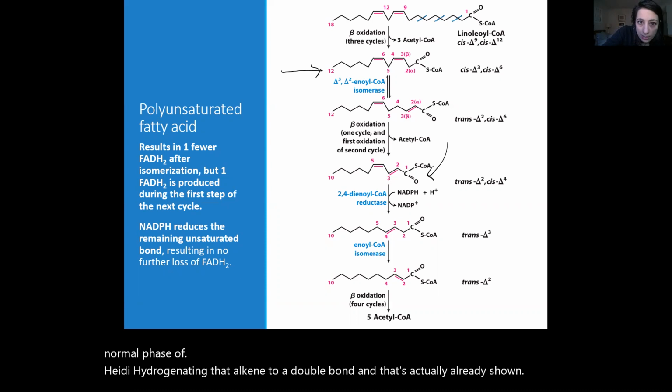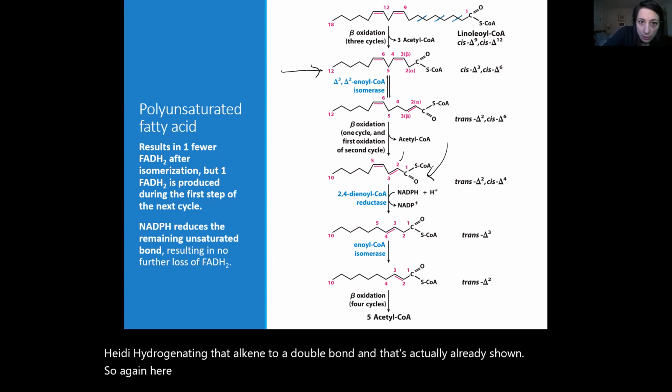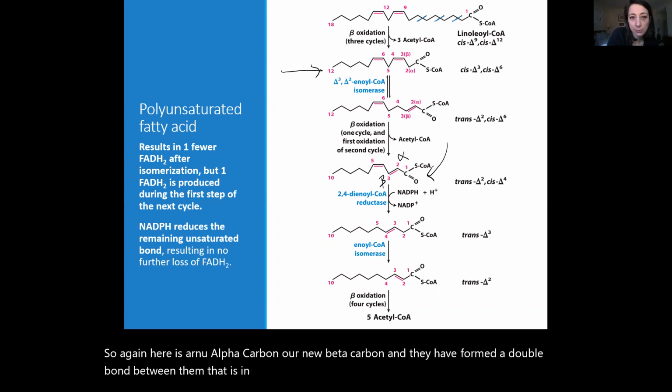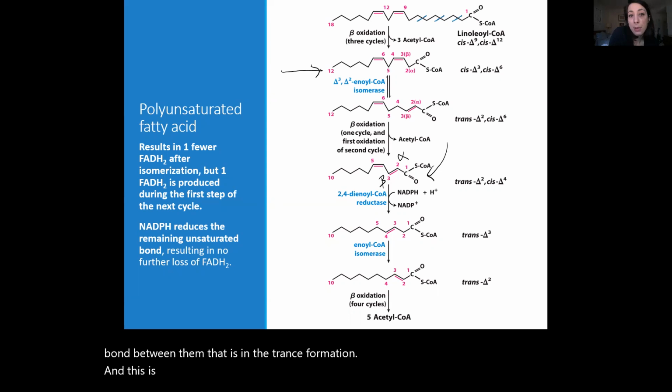So again, here is our new alpha carbon, our new beta carbon, and they have formed a double bond between them that is in the trans formation. And this is just going to happen normally because that portion that was broken off only has a single bond between it. We haven't gotten to that next double bond.